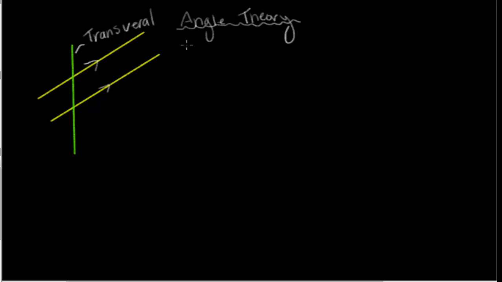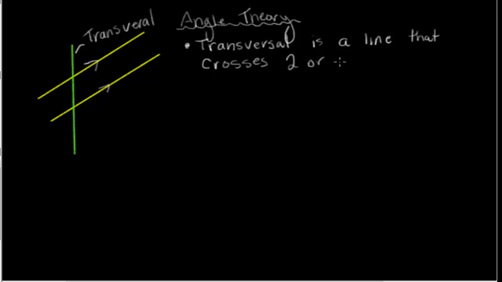Okay, now basically a transversal is a line segment, or line really, that crosses two or more parallel lines. Okay, so therefore this green line is our transversal.